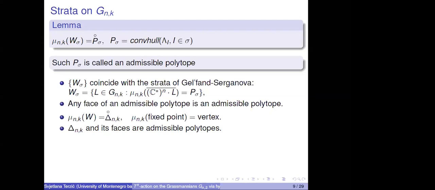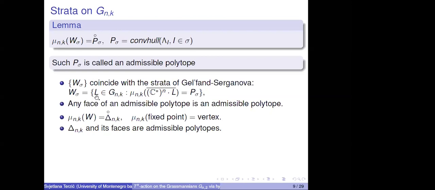So an admissible polytope can be imagined as an arbitrary polytope over some subsets of vertices of some hypersimplex Delta_{n,k}. As I said, this notion is not new. We just wrote it down in a little bit different language, but this notion of strata coincides with the strata of Gelfand and Serganova, or together Gelfand, Goresky, MacPherson and Serganova, where they provided three equivalent definitions of the strata.